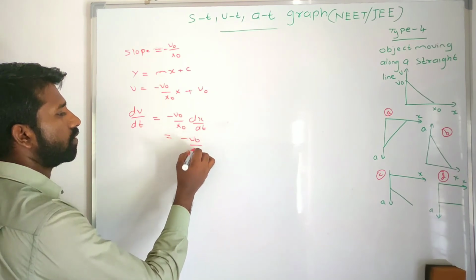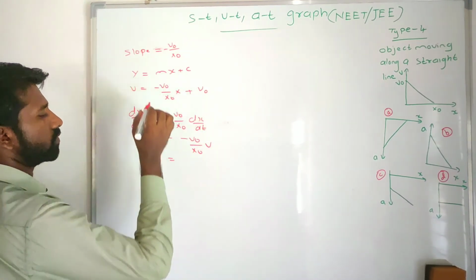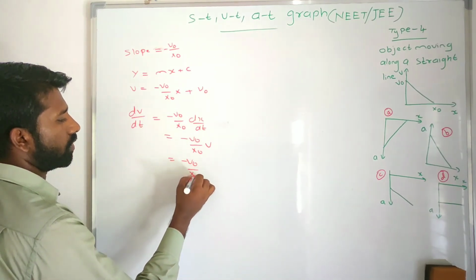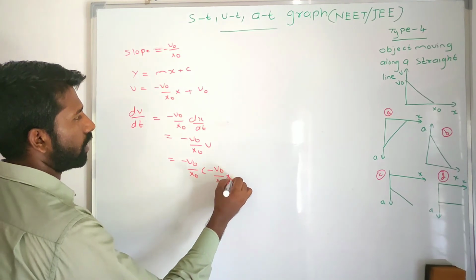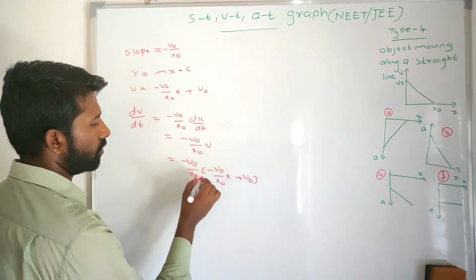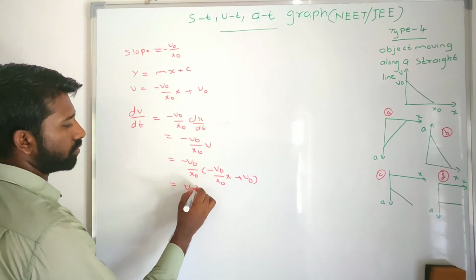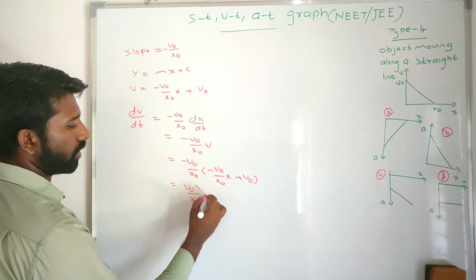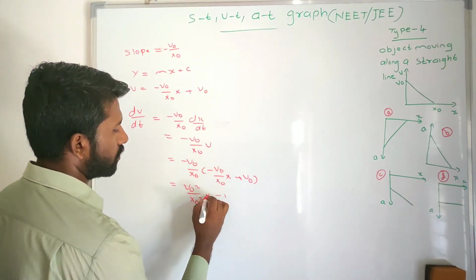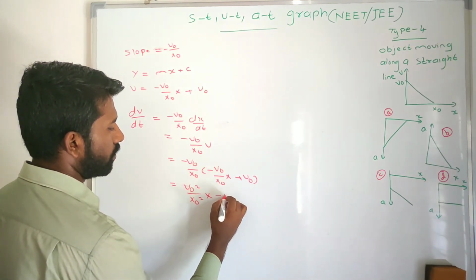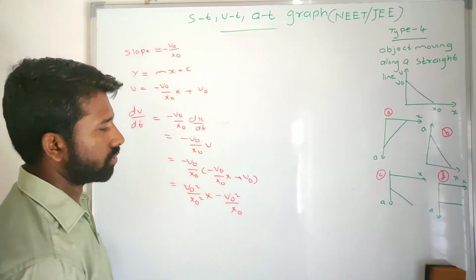So minus v0 by x0 into v we will get. What is v? We already got this formula. Minus v0 divided by x0 into (minus v0 divided by x0 x plus v0). Multiply it: minus minus is plus. So v0 square by x0 square into x, then minus v0 square divided by x0.